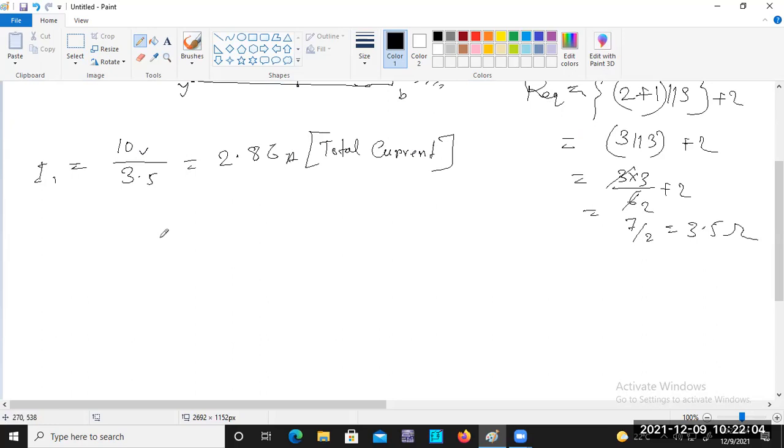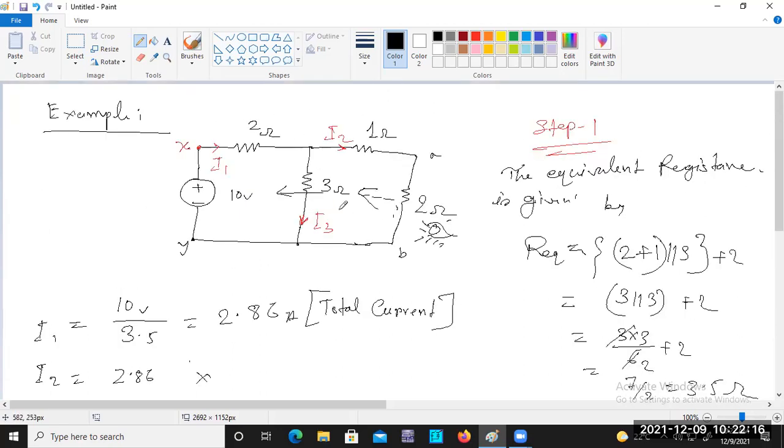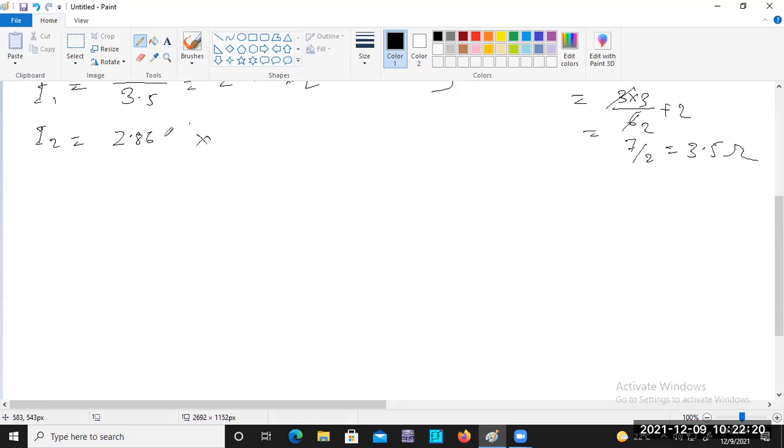Okay, and if we go for the branch current, that is I2. I2 is the total current 2.86 into the opposite resistance. This is 3, this is also 3, so the opposite resistance is 3, and the sum of the resistances is 3 plus 3.